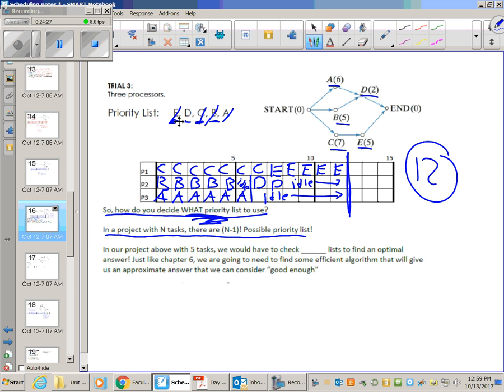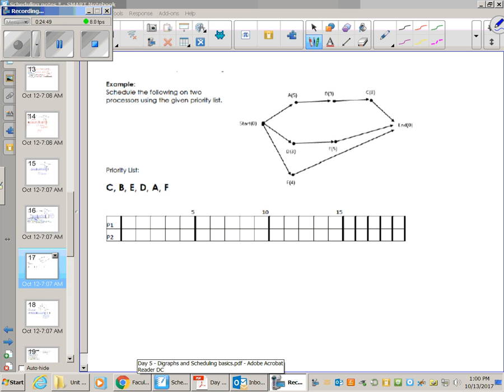So with 5 tasks, we would have to check, using this formula right here, 120 lists to find an optimal answer. We're going to have to find some efficient algorithm to give us the best priority list possible. And we're going to go through that tomorrow.